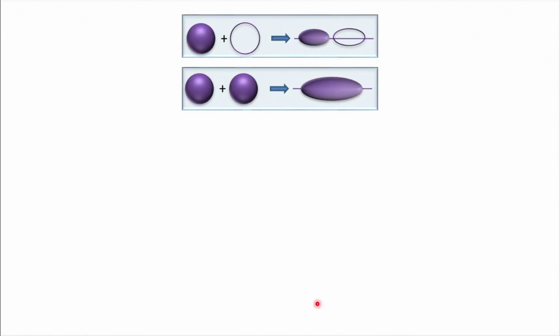Let us look into the antibonding orbital. It is destructive overlap. We can say destructive overlap is subtraction. When two S orbitals destructively combine, we get a region of low electron density between the nuclei. Due to this, it is high in energy.